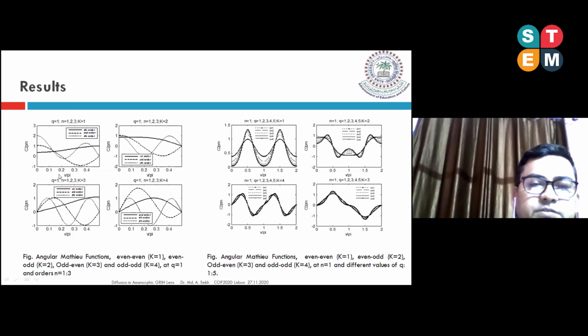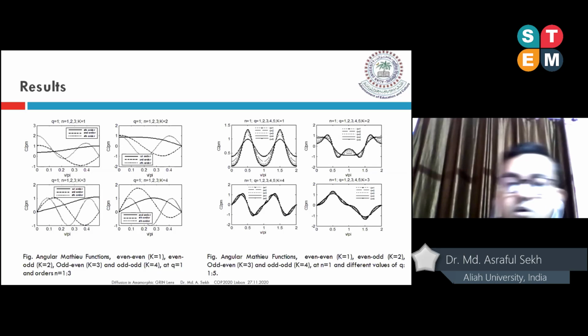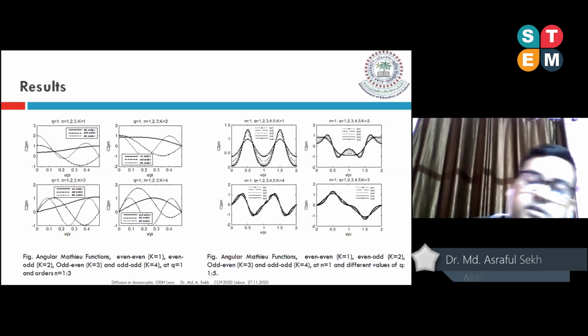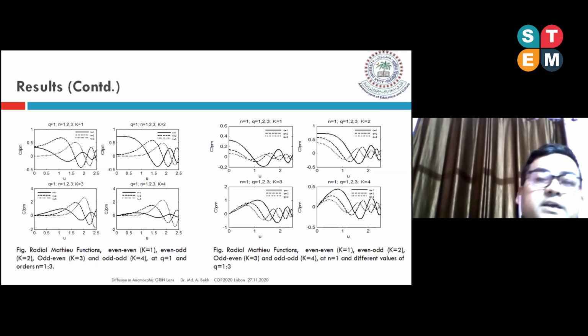Four sets of results of this angular Mathieu function are plotted and compared with other results, showing a good match. In the second set of four plots, we varied the q value while the n value remains the same, and these values are also compared. We also developed all sets of numerical values available in the literature and compared them.